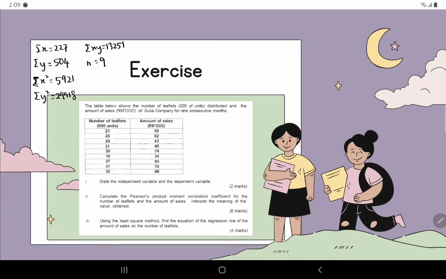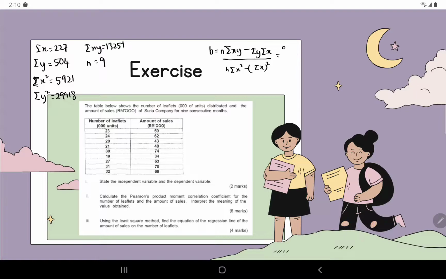So inserting those values in our formula for b. The formula for b is n times total of xy minus total of x and total of y, divided by n times total of x square minus total of x, squared. Just insert those values.